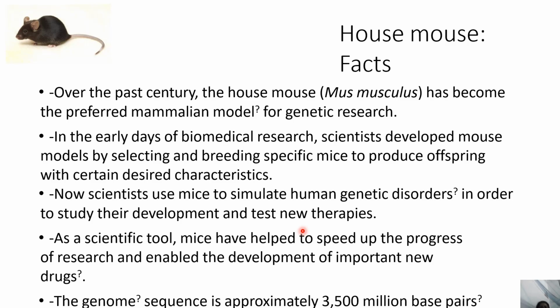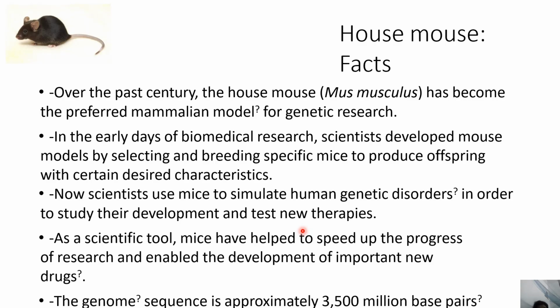Now, over the past century, the house mouse, Mus musculus, has become the preferred mammalian model for genetic research. In the early days of biomedical research, scientists developed mouse models by selecting and breeding specific mice to produce offspring with certain desired characteristics. Now, scientists use mice to simulate human genetic disorders in order to study their development and test new therapies.